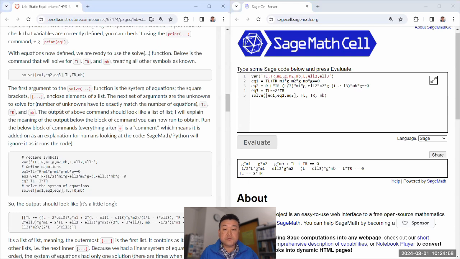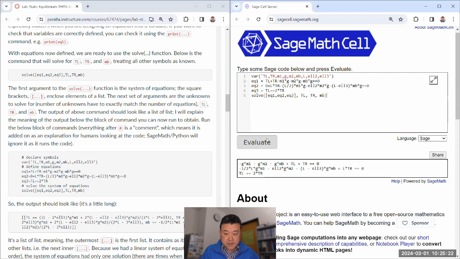The number of unknowns has to exactly match the number of equations: TL, TR, and MB. The output of the above command should look like a list of lists, and I'll explain that. Specifying these to be solved for also tells SageMath that all the other symbols that might be in the equations are known. They are something that you can plug numbers into.